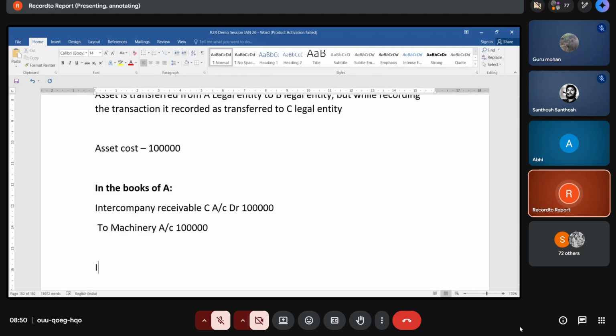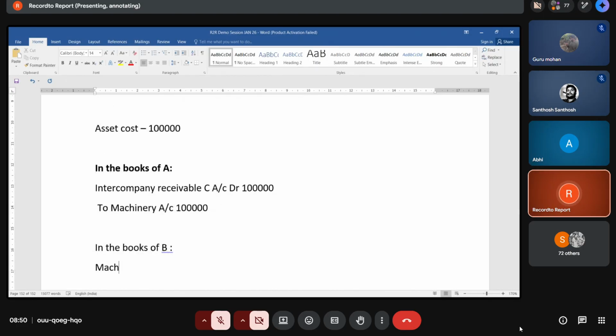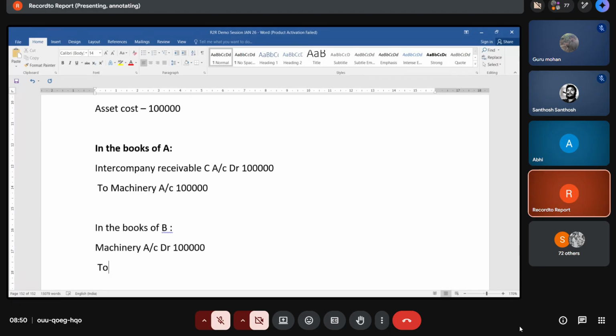In the books of B, they have recorded machinery account debit 1 lakh to intercompany payable A account.